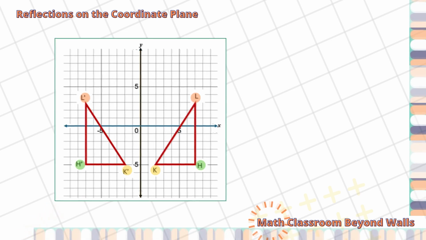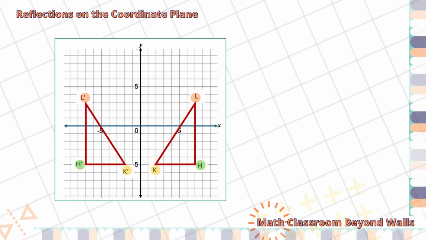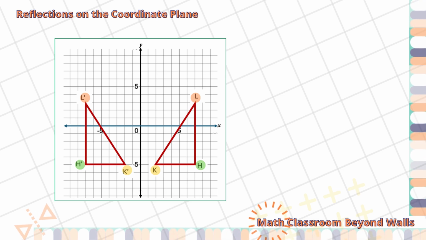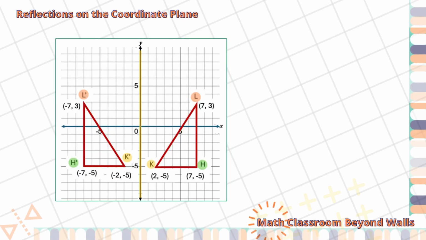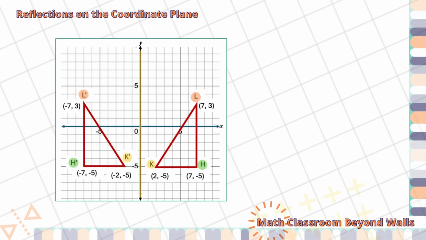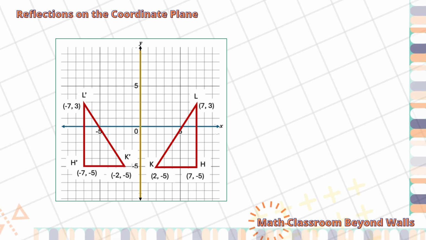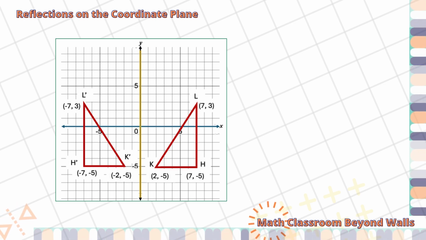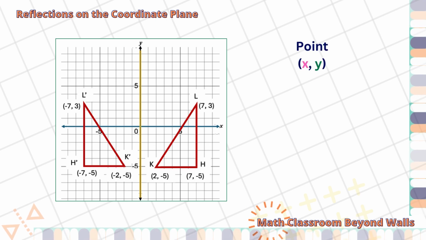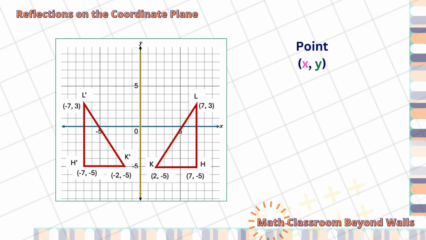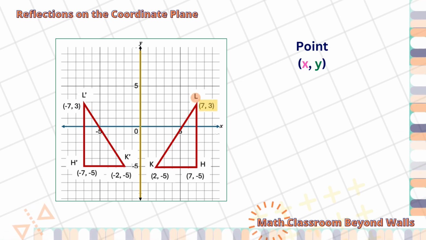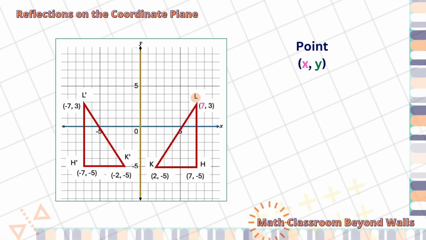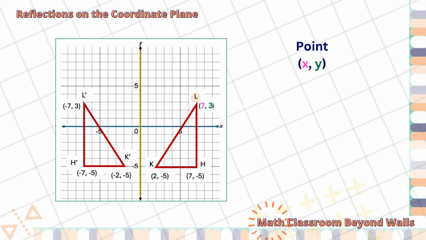Let us now have the coordinates of the vertices of the preimage and the image so we can see how the location changed after the reflection. Recall that a point is represented by this coordinate notation, x, y. In 7, 3, the coordinates of point L, 7 is the x-coordinate and 3 is the y-coordinate.